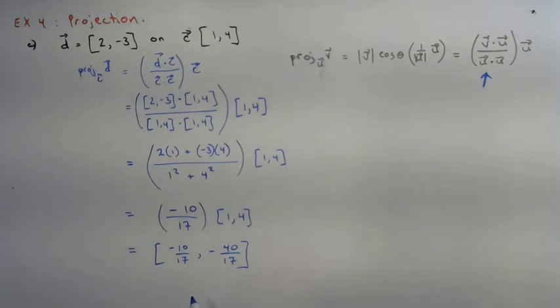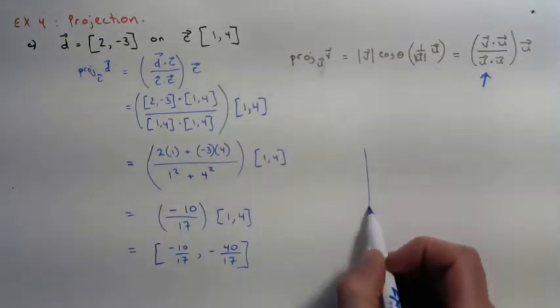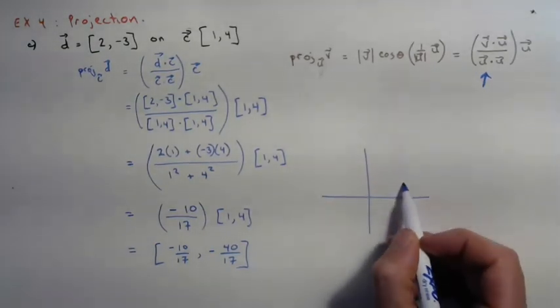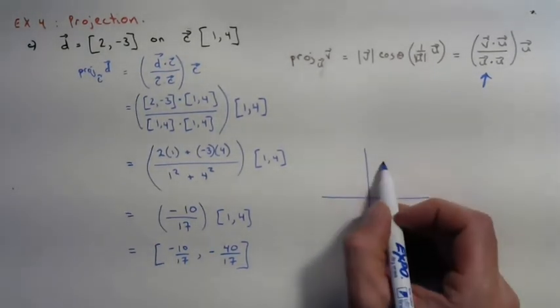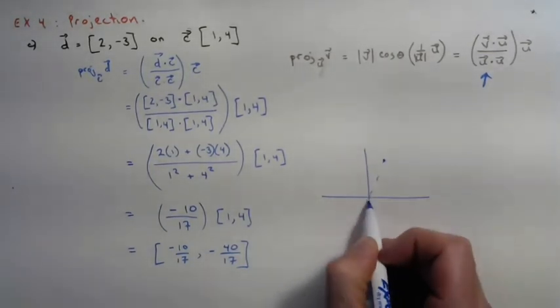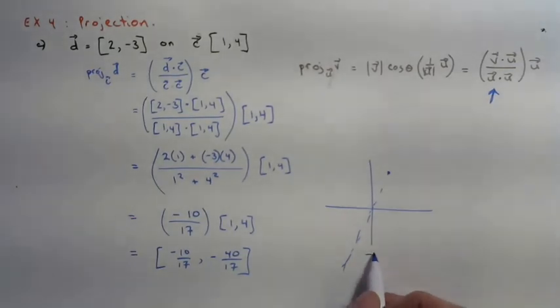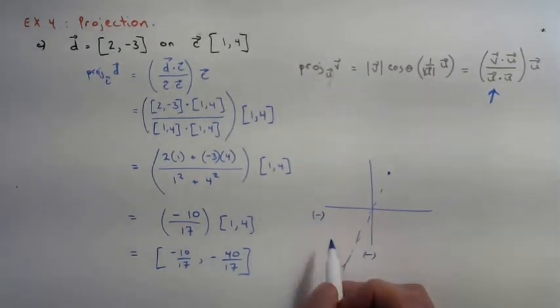In order to determine whether it's in the same direction as C or the opposite direction of C, we would look at where C is going. So you could think about it this way. C is somewhere up here, 1, 4, positive, positive. And our final answer is in negative land, -y and -x.